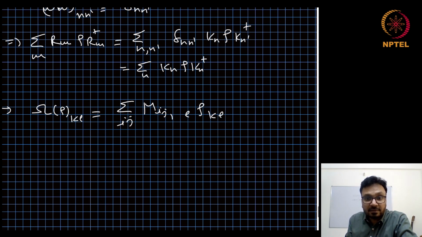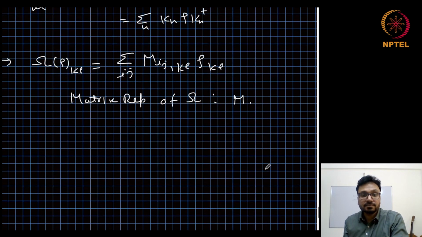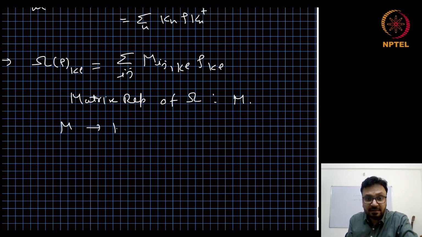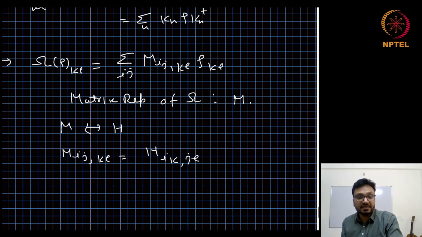So from here we can find the matrix representation of omega, that is M. From M we can find the H representation, and these two are related as follows: M_ij,KL equals H_ik,jl. We have done it earlier when we were talking about the positive maps.